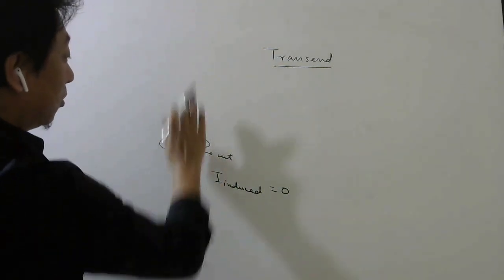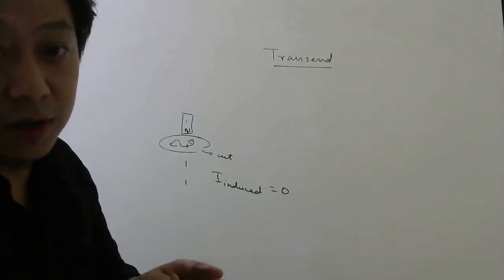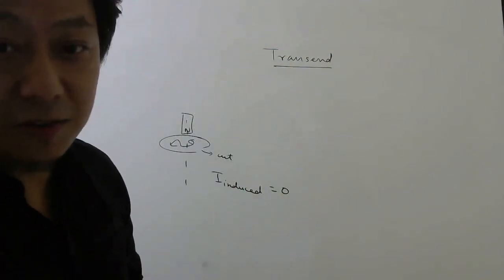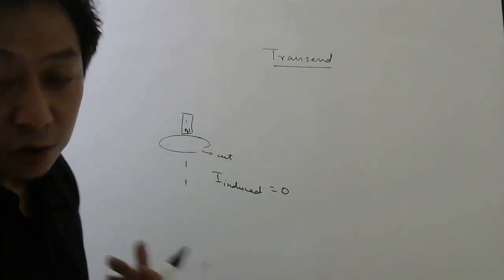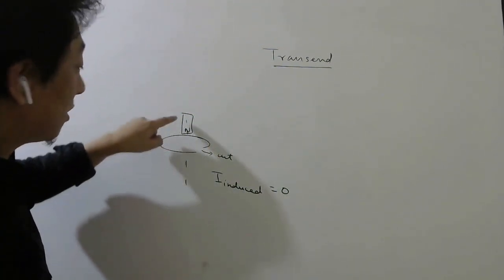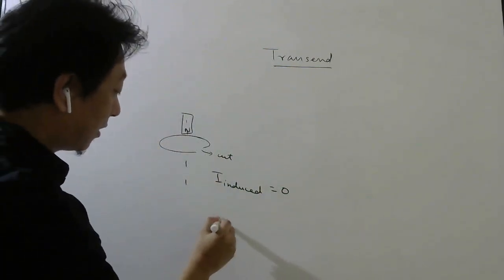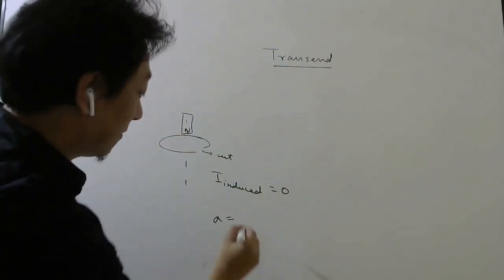Then its acceleration would be less than g, as we have seen already. But here there will be no induced current, so this face will not act like a north pole or south pole, so it will not repel the magnet, so no repulsion, and the acceleration will be the same as due to gravity.